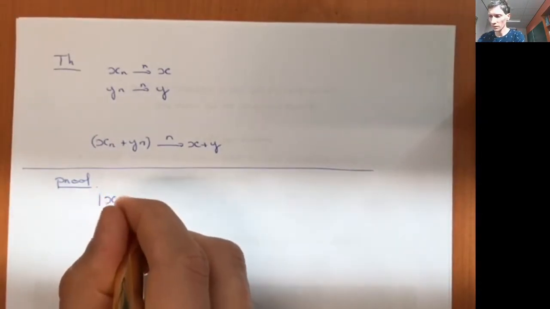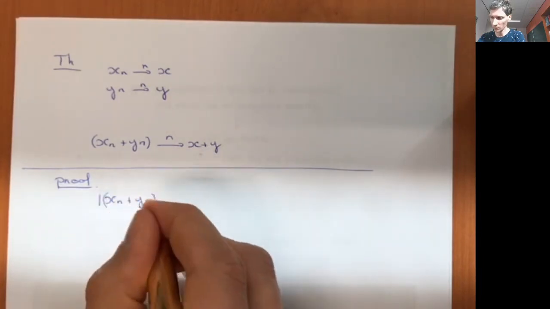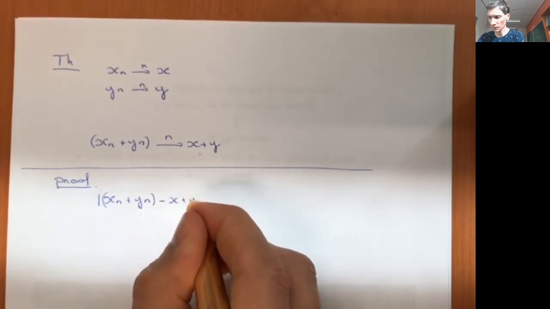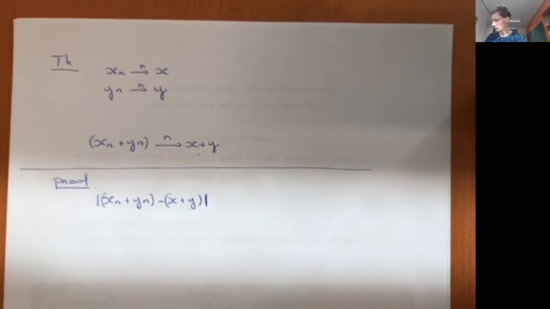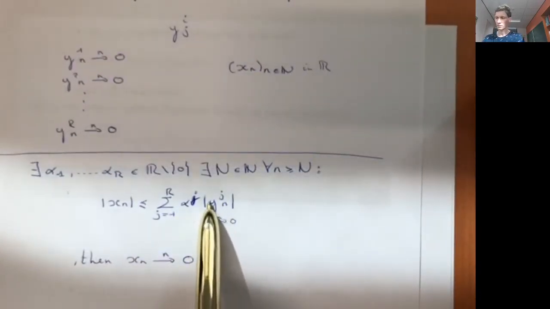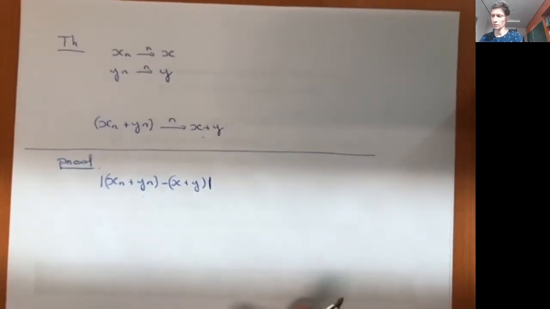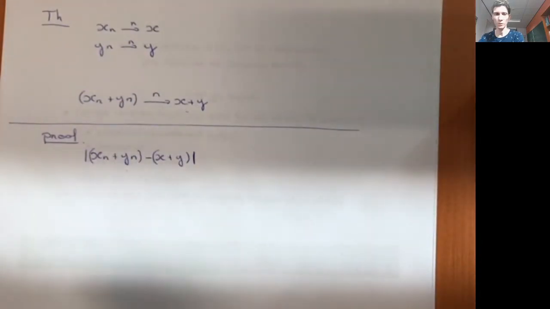Well, we want xn plus yn to converge to x plus y. So if you take the absolute value of xn plus yn minus x plus y, we would like this to converge to 0. So we would like to write this as a weighted sum of sequences that converge to 0. The idea is simple. Let's just rearrange this and rewrite this.